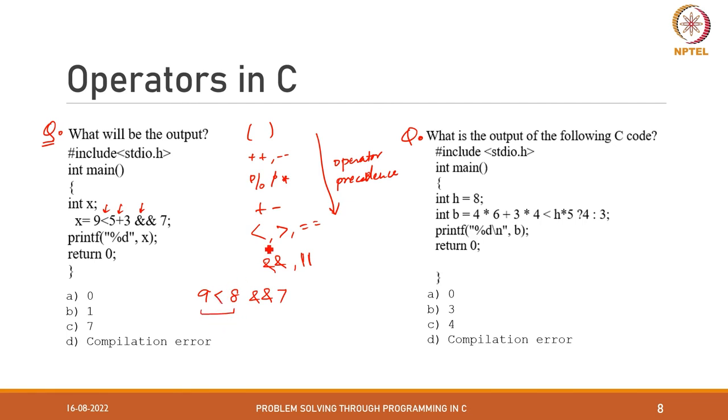In the earlier example as well, we had multiple operators in a single line. Some operators are evaluated first, and then the others after that. It is an order of precedence, that is the operator precedence. Is it a bit clearer?